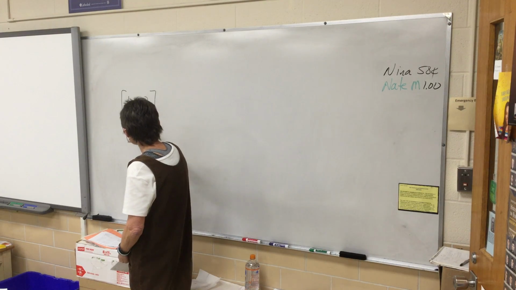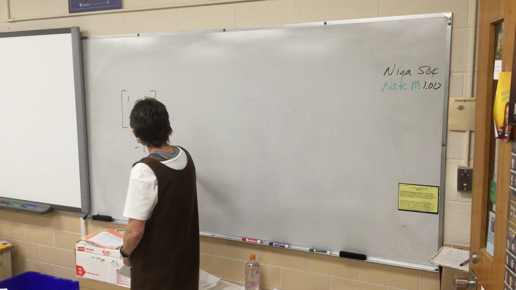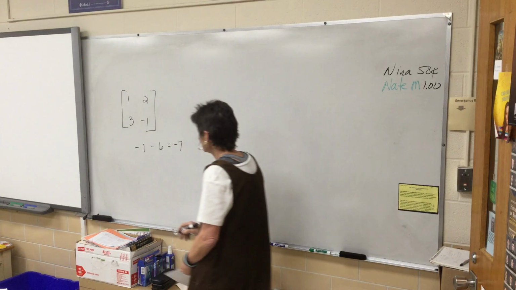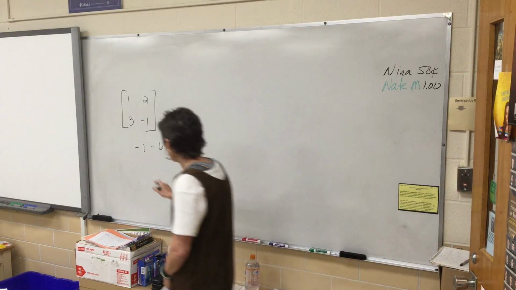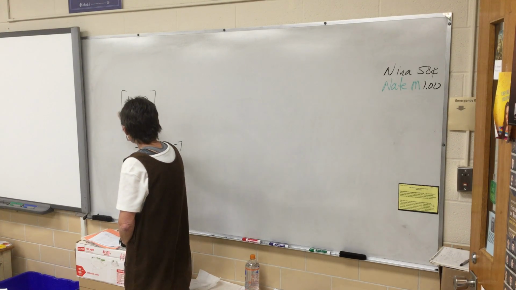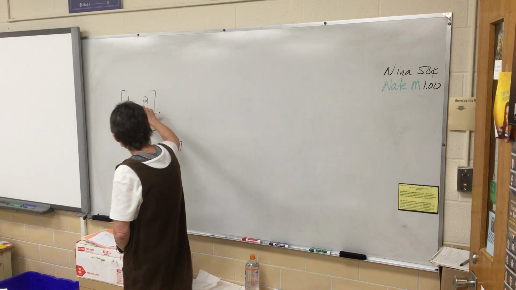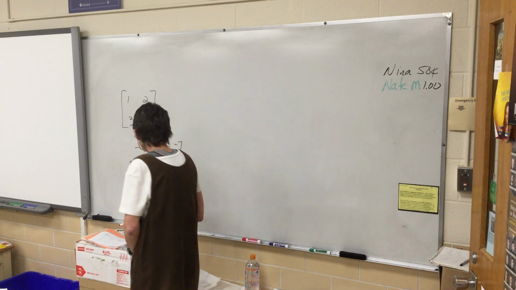So I'll start with the determinant, which will be -1 and 6. So this one's -7. And then I make that adjoint matrix, so I'll do a little messing around here. These two change places. These two are changing places, and these are negatives.